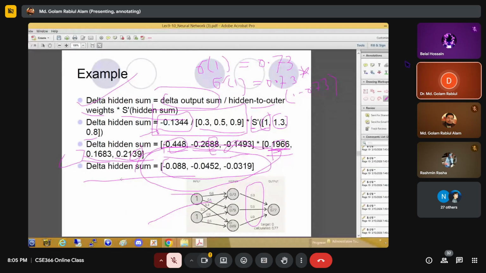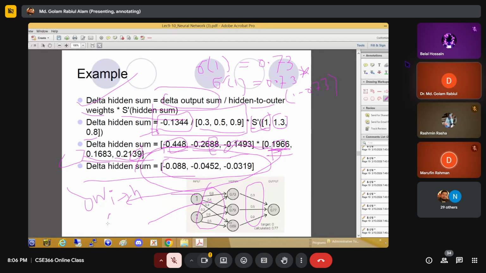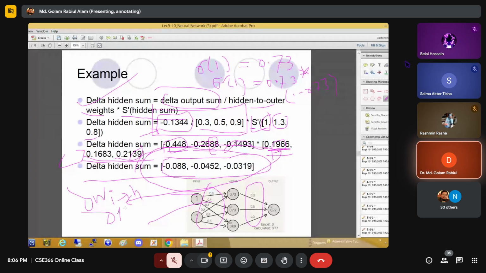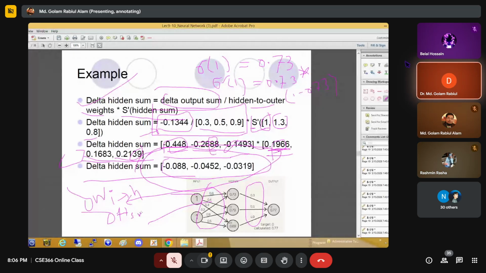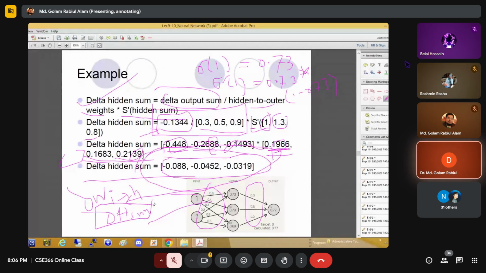So after computation, we got the delta hidden sum, but what we need to find out is delta weights, delta W input to hidden unit. So we want to find that, but we already have delta hidden sum.